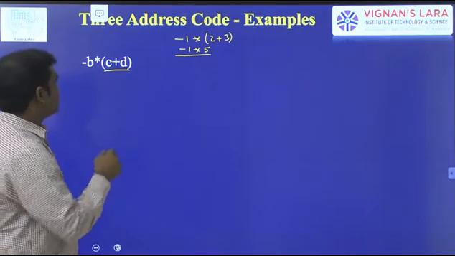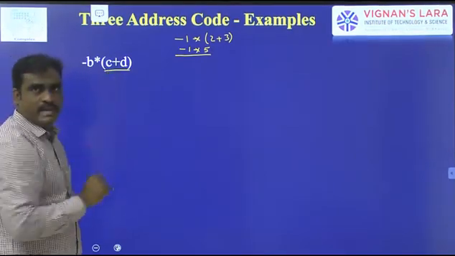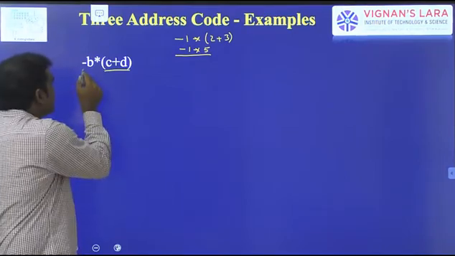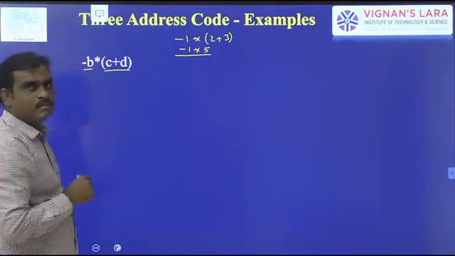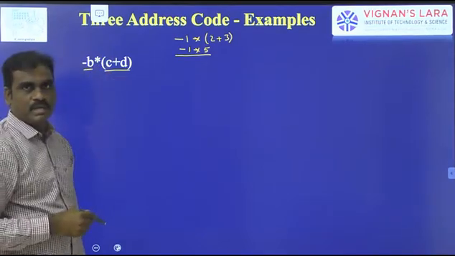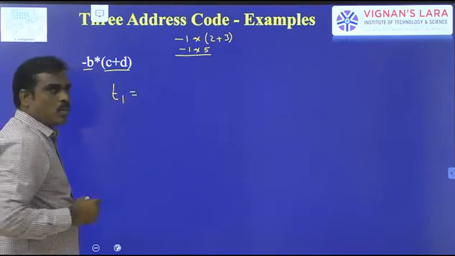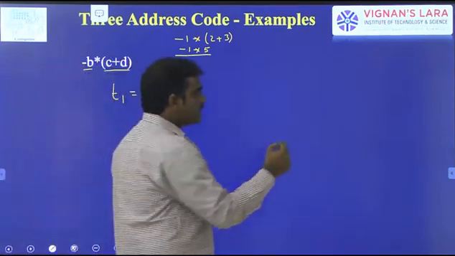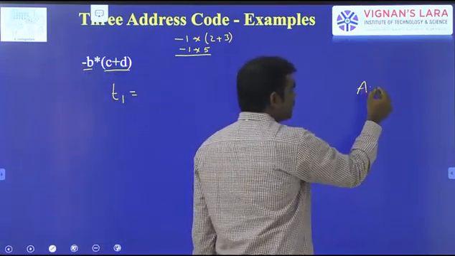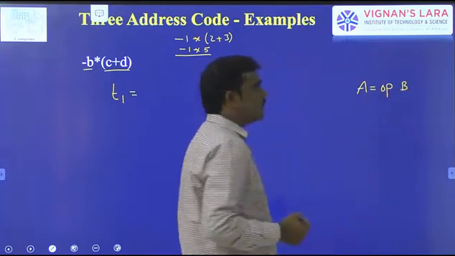See, first, C plus D is one value. Minus B is another value. Now minus B is multiplied with C plus D. So take temporary variable T1 equal to, what is rule 2? Rule 2 is of the form A equal to operator B. A equal to operator B.